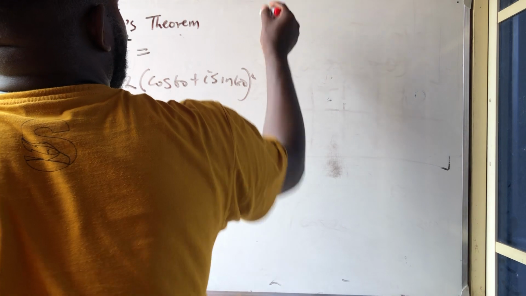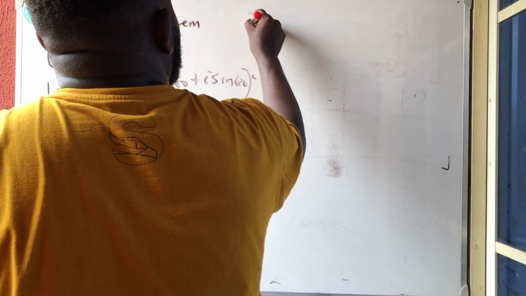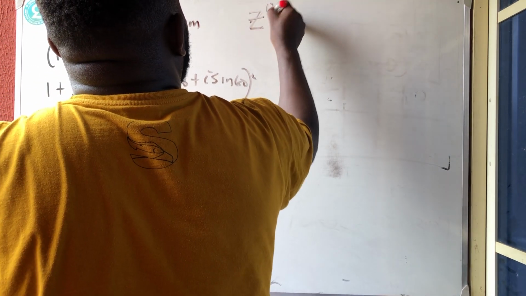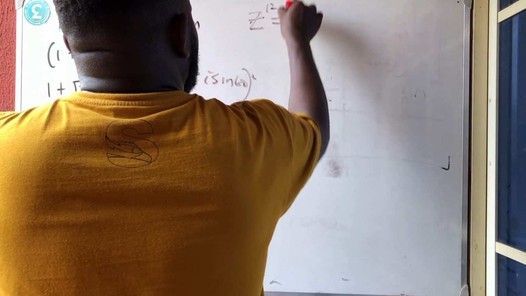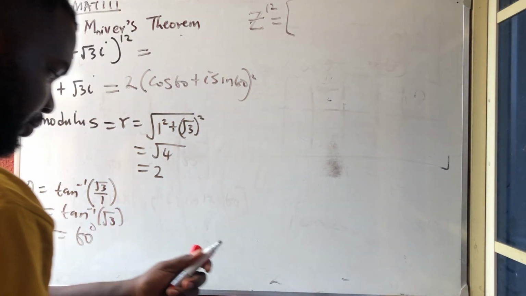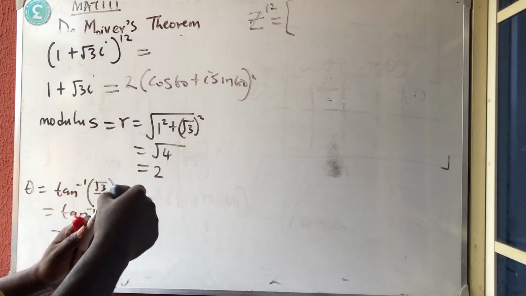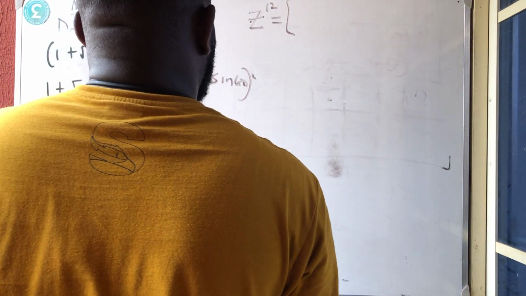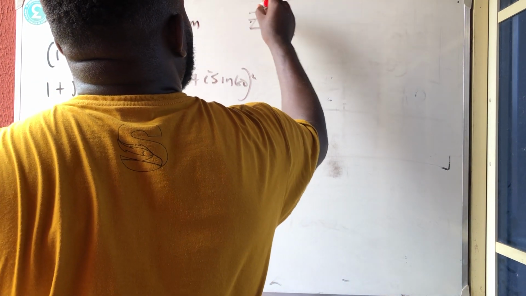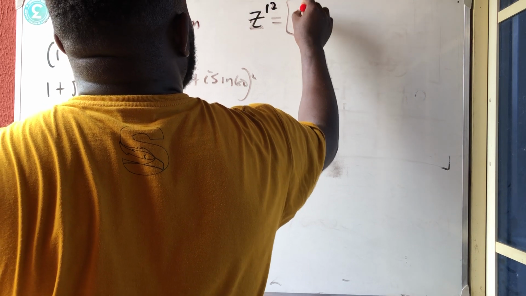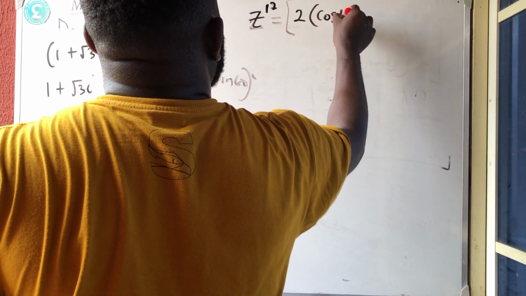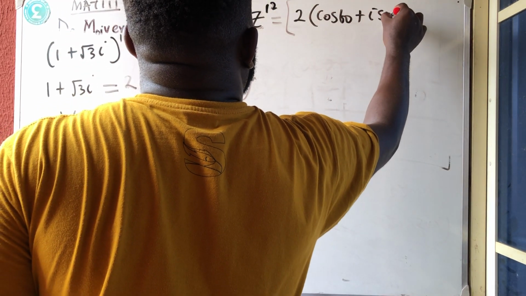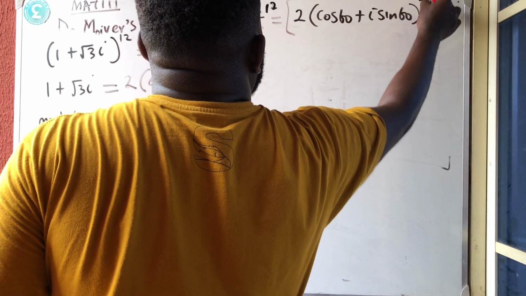So z raised to power 12 should be equal to what? This thing that we have gotten, which is 2 bracket cos 60 plus i sine 60, all raised to power 12.